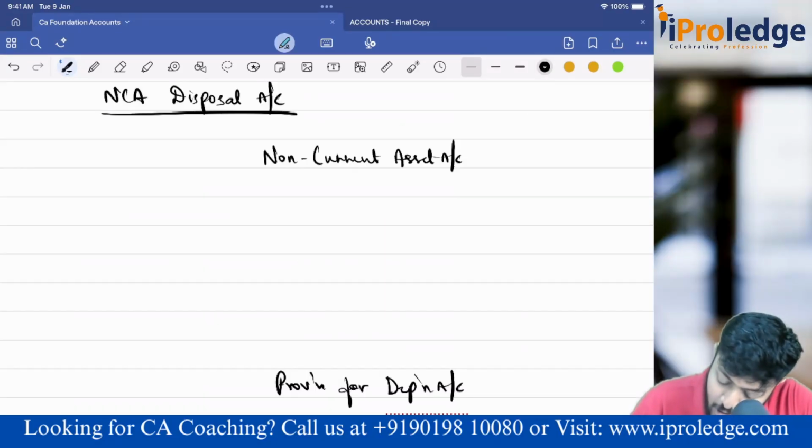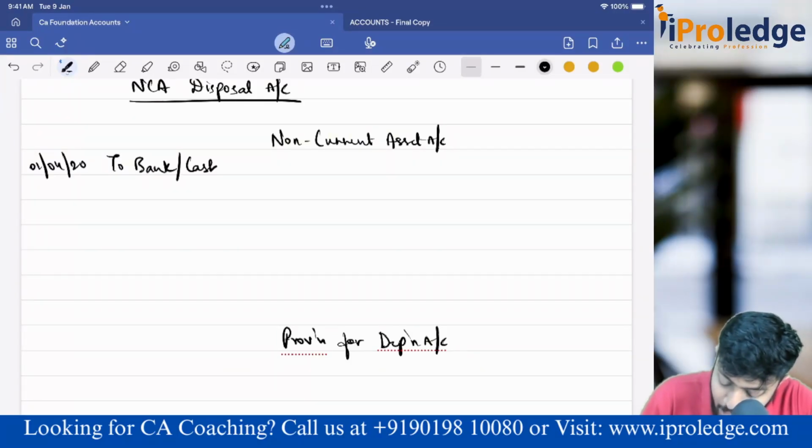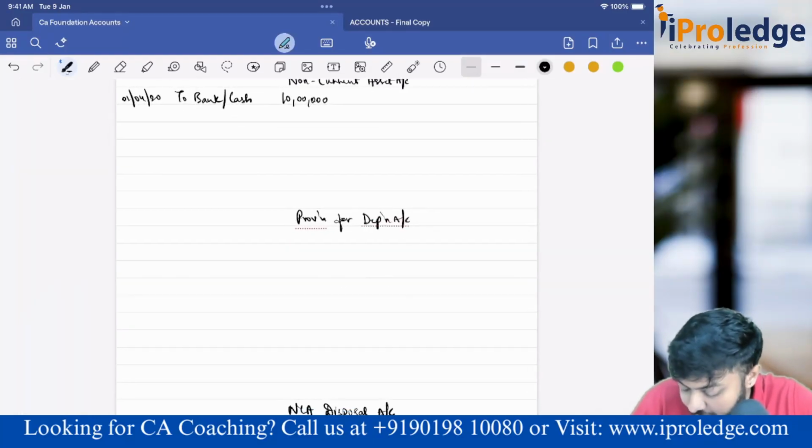On 1/4/20 you purchased a non-current asset to bank or cash, 10 lakh.